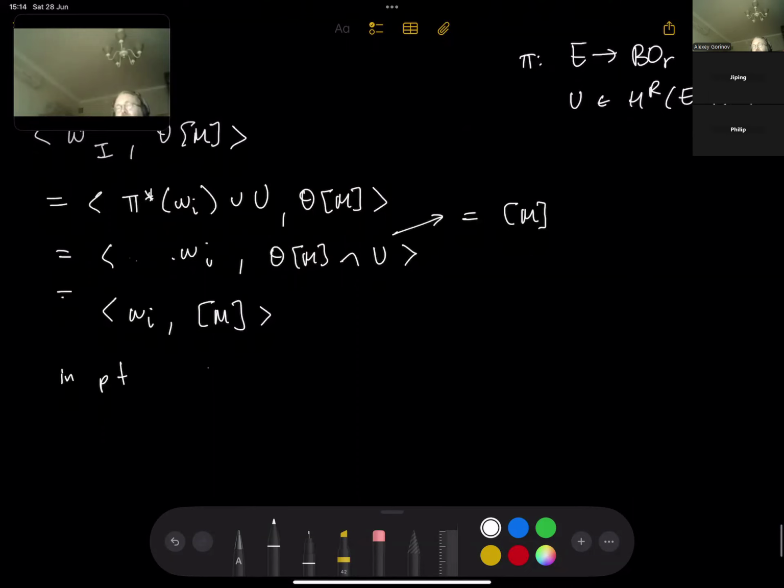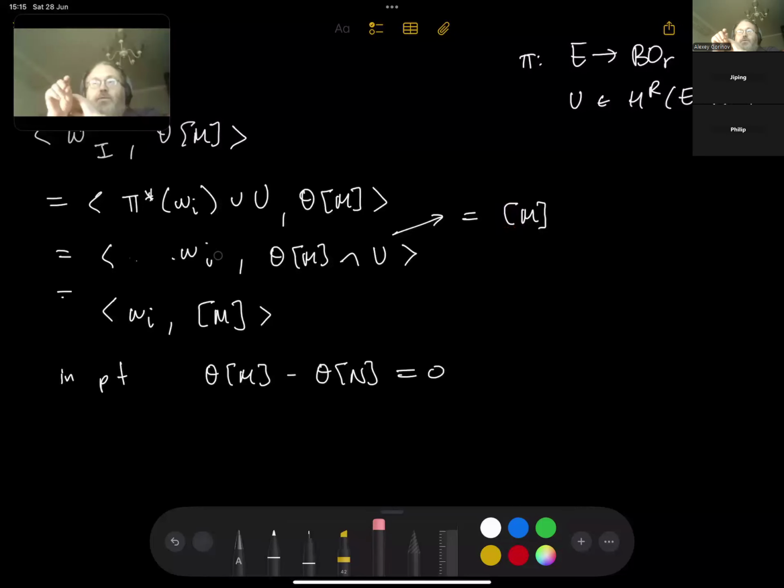So we can take theta M minus theta N. And also, you need to replace a small i with capital I in all formulas, starting from the second one. Yes.